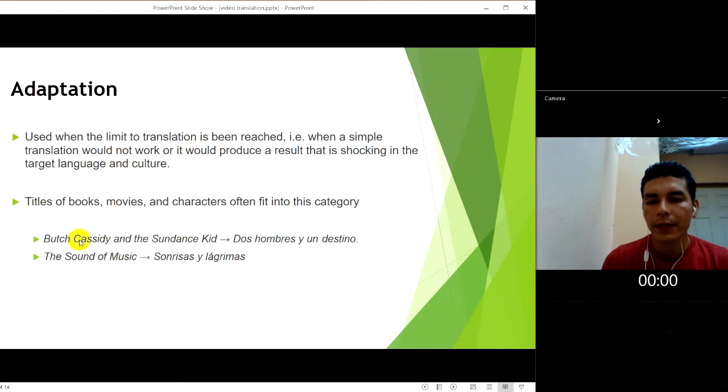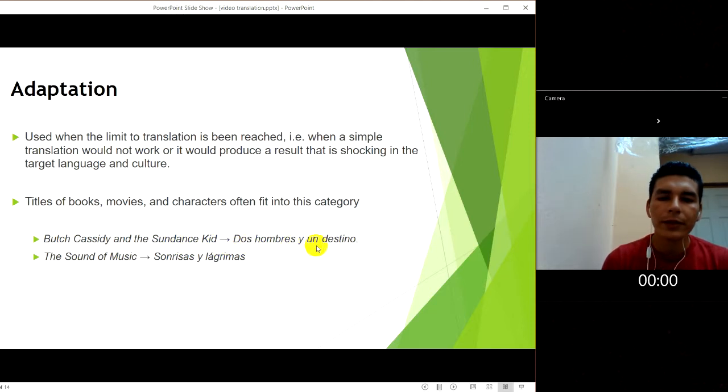We adapt this kind of words independent of the country or the language that you speak. For example, "Butch Cassidy and the Sundance Kid." As you can see, if you try to translate this kind of sentence literally, it's not the same as what we have here in Spanish.